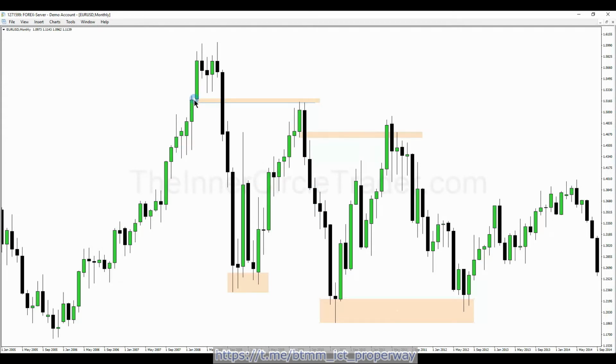Just as well, we saw this up candle here, this down movement, price comes up and closes in its range here. Then it runs for the liquidity below here. The point of what I'm showing here is once you understand where the market will most likely reach for, and this is a monthly chart, now we can take a step back and say, okay, if I can define the market.